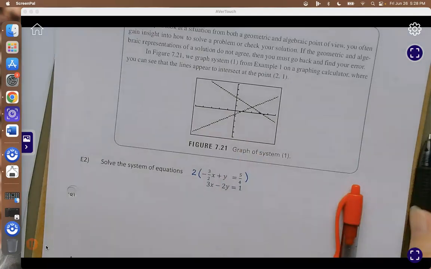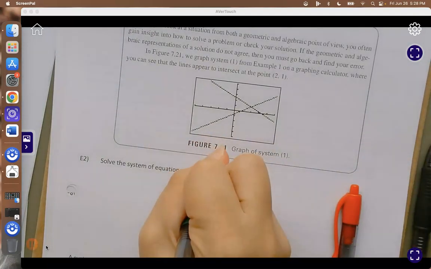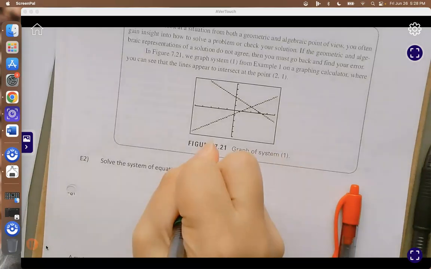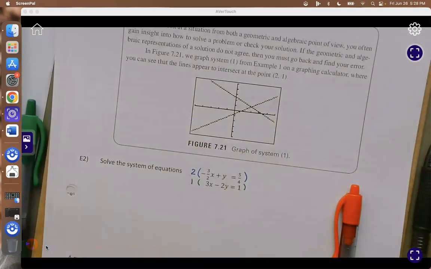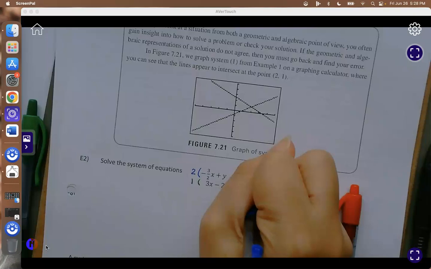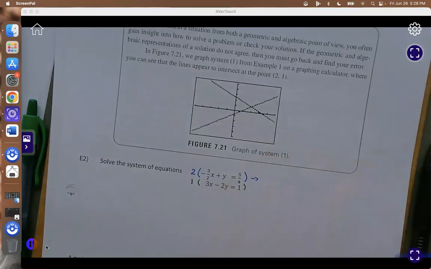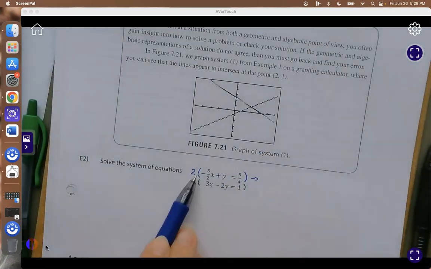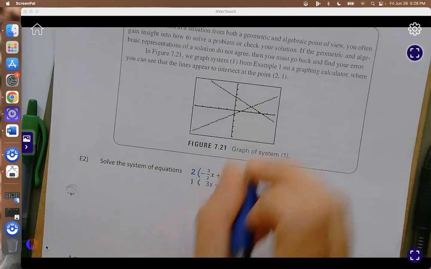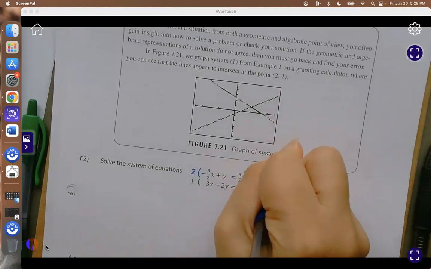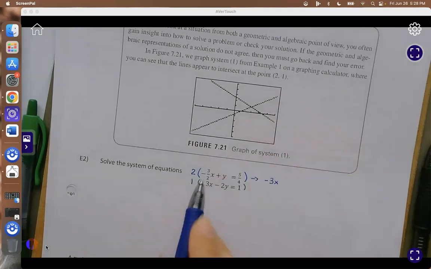And if you feel like you have to multiply both of them, you can say you're multiplying this one by 1. You don't really have to multiply it by anything. Okay, so if you're not confident in your skills, which you should be because we did a whole unit on fractions, this 2 is like 2 over 1, so those 2's cancel. So this is negative 3x, but you could use your calculator if necessary.